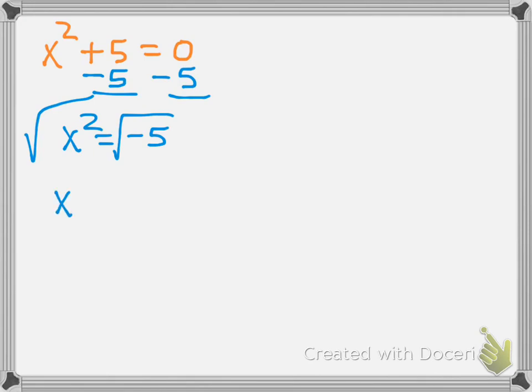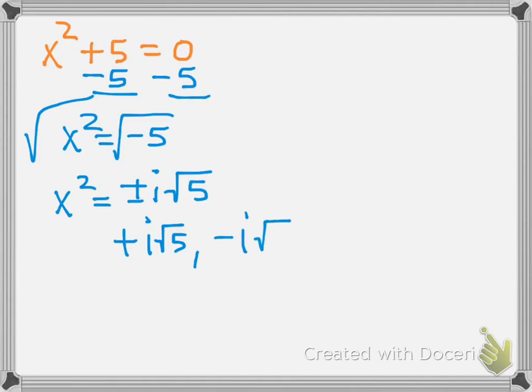So you get x equals, well now that's weird, but remember we just call it i, plus or minus i root 5. Imaginary numbers can also be solutions. There can be two imaginary numbers, plus i root 5 and minus i root 5.